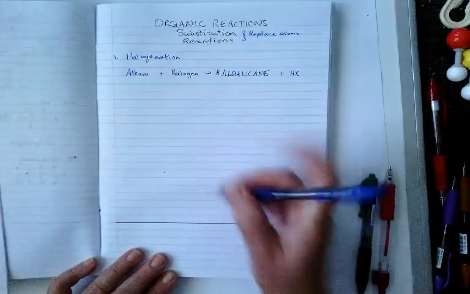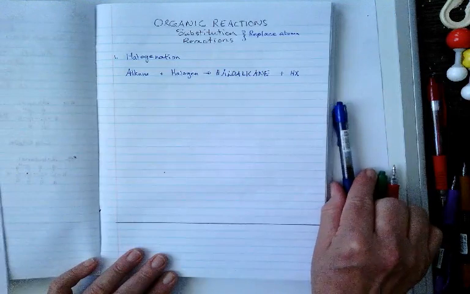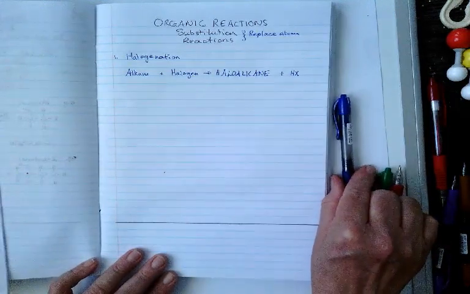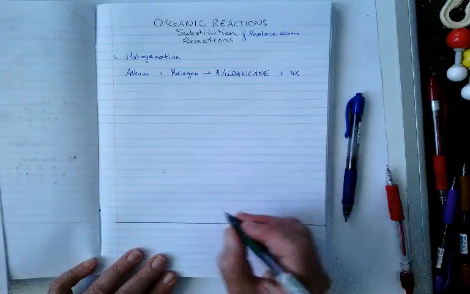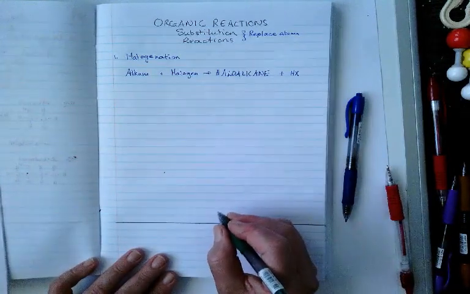Now, we had a halogenation reaction when an alkene was added to the halogen.